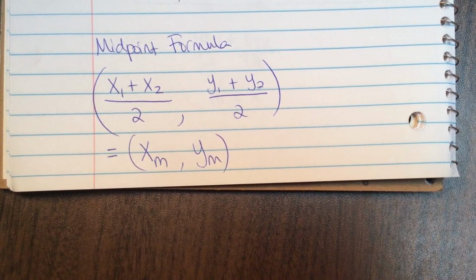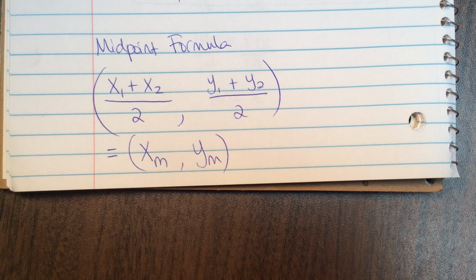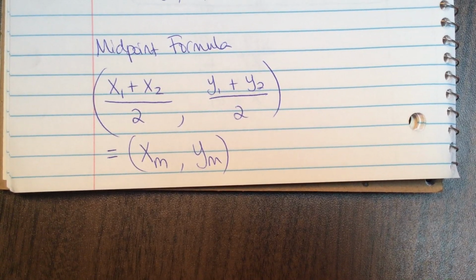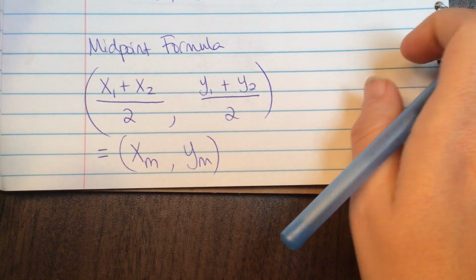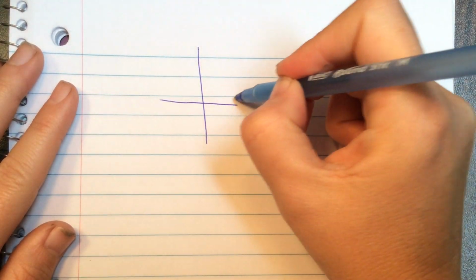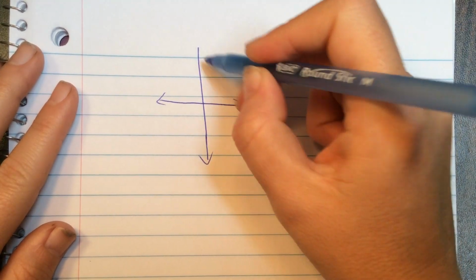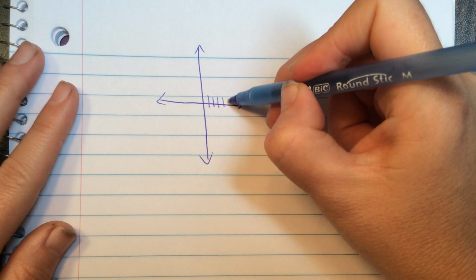All right, let's do one more example and then we'll move on to a worksheet in the next video. Okay, let's draw another coordinate plane and we'll make it 5 again.